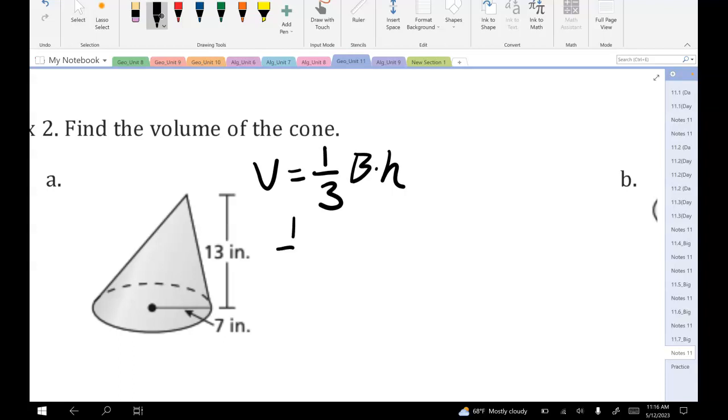If you want to substitute your base in all at once and not do a separate calculation, your base is pi r squared. So it's 1/3 times 7 squared times pi times h, which is 13. We know this is our regular height because it's not written across the slant here. It's clearly going from the base to the peak.